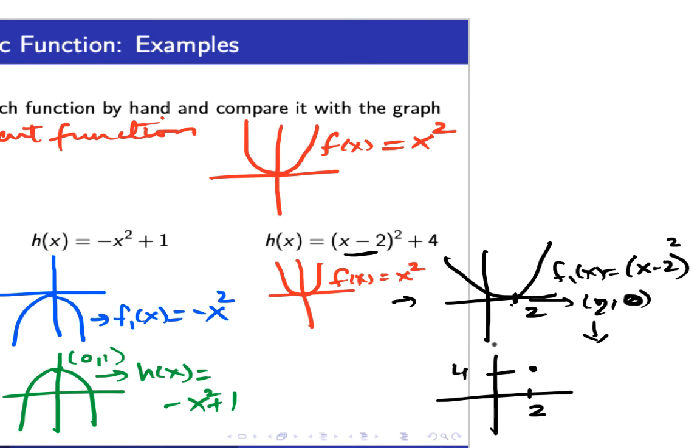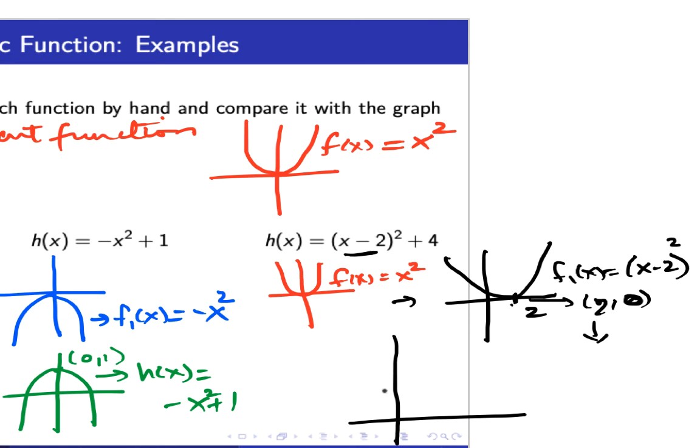Let me draw a nicer looking one and I need more space. So let's do it here. Okay. So this is, say, 4.